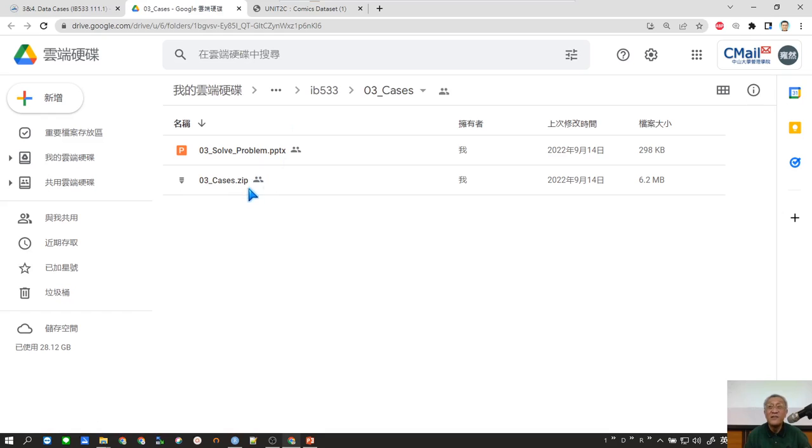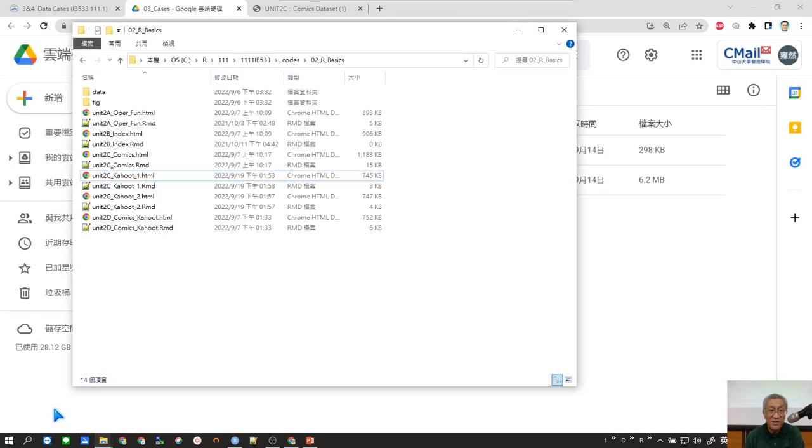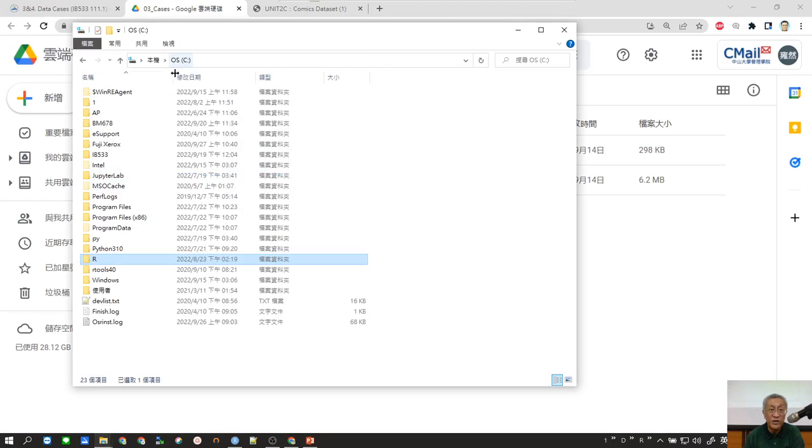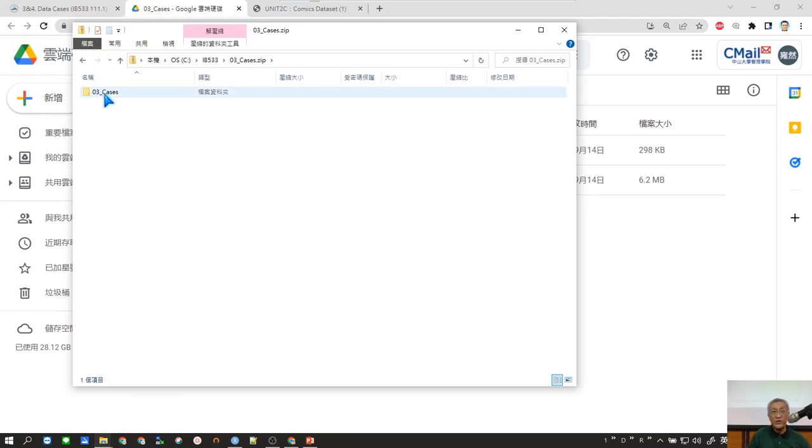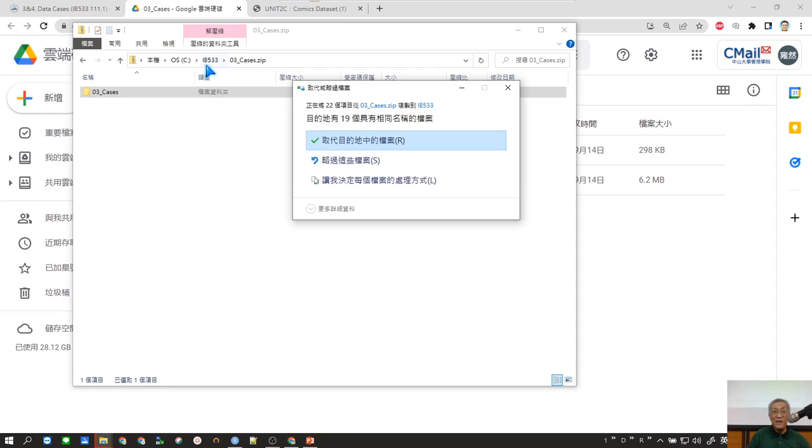Again, download this zip file and unzip the file. Then in your PC, you should have something like this. You download the zip file, and within the zip file there's a folder, 03. Just pull the folder into IB533.